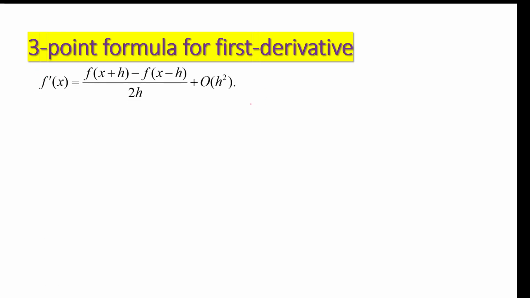This is the 3-point formula for the first derivative, which is equal to f(x plus h) minus f(x minus h), divided by 2h, plus order h squared.